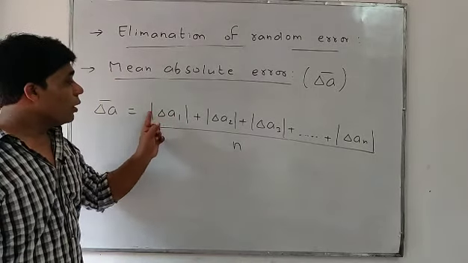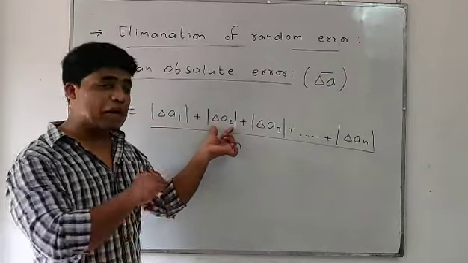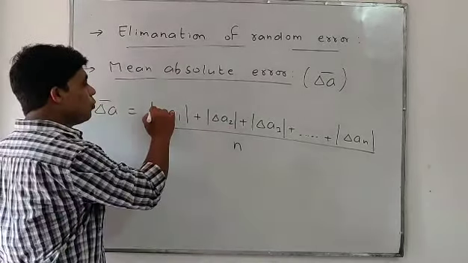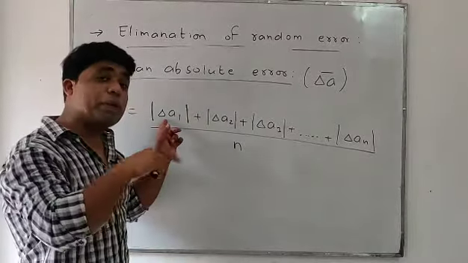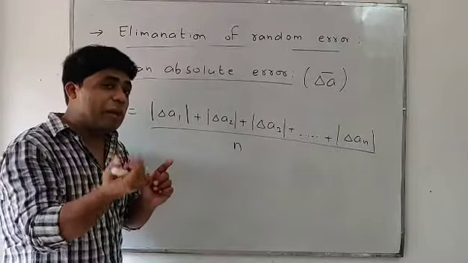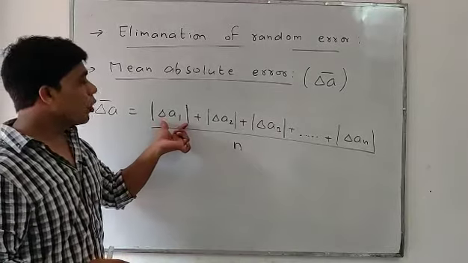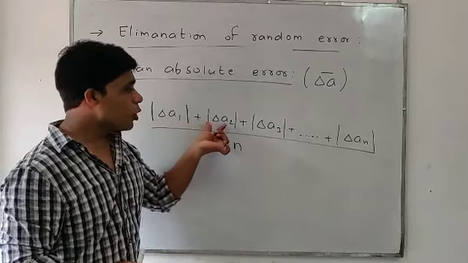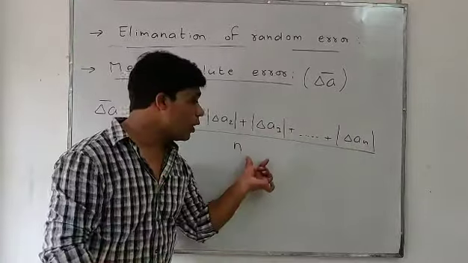Look: modulus of delta A1 plus modulus of delta A2, this sign is said to be modulus. It means when we get a negative value, it becomes positive. Modulus of delta A1 means if delta A1 is negative, we have to use only the positive value. Modulus of delta A1 plus modulus of delta A2 plus modulus of delta A3 till modulus of delta An, upon n.